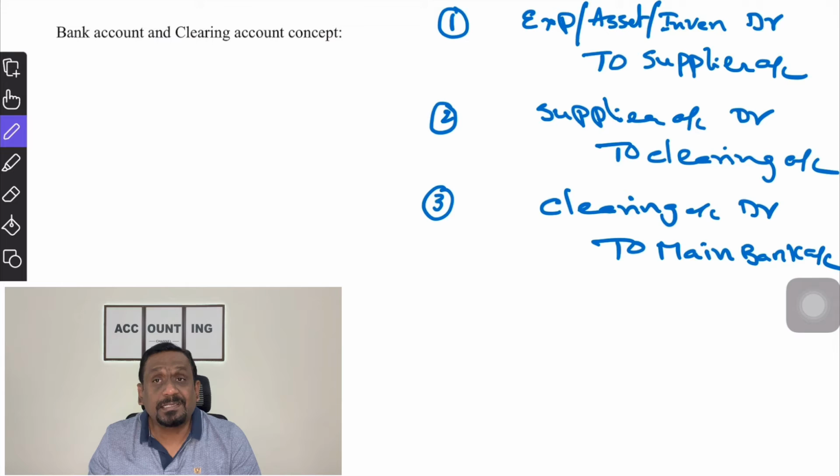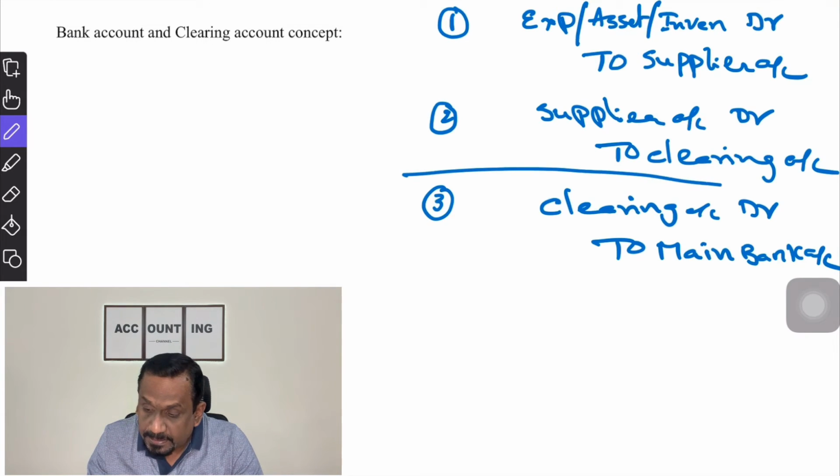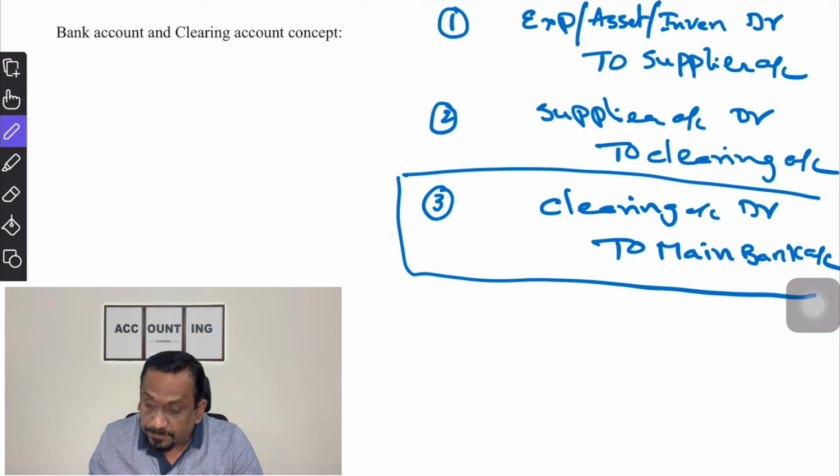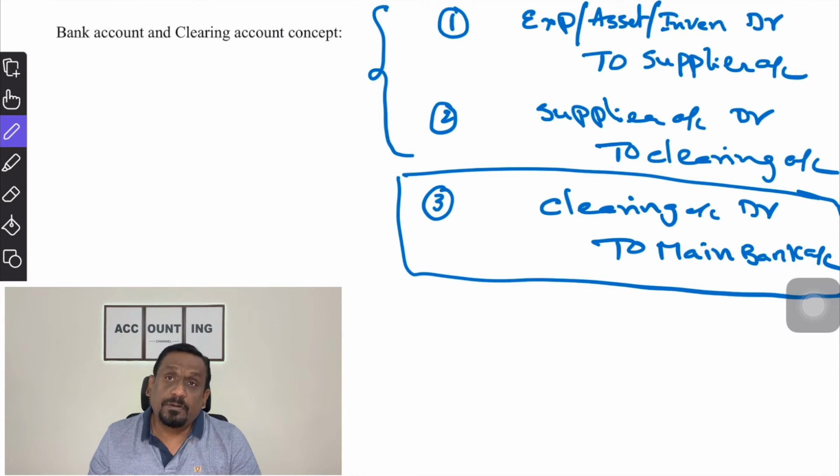This is the entry the system will automatically post, the one we discussed in my previous video. These are the previous two entries we would have posted before this payment entry was automatically posted by the bank.